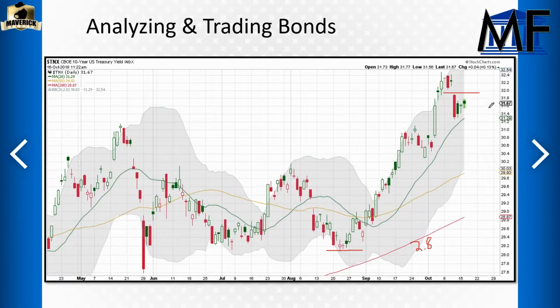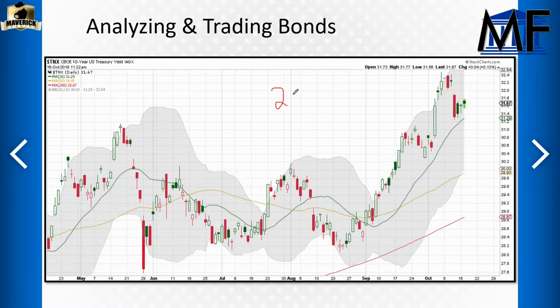When it's up here at 32, it's about 3.2%. That's one way to think of it. But you can see the relative change. You can see how over the past couple of months, rates have been going up a lot, right?